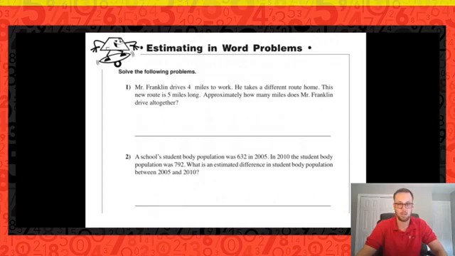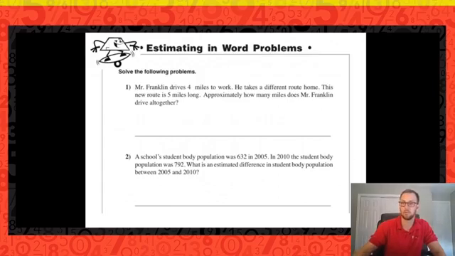So let's go ahead and get into some of our word problems. If Mr. Franklin drives 4 miles to work, he takes a different route home. That route is 5 miles longer.